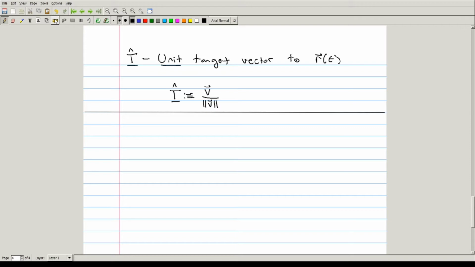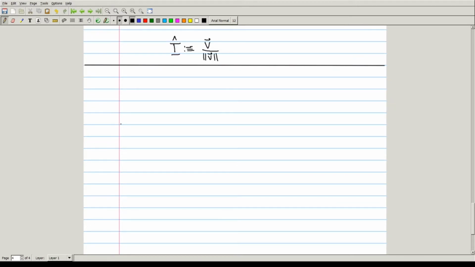But before I do that, I want to talk about the next concept for curves, which is if we define the velocity using the derivative, we're going to end up defining what's called the arc length of a curve, or the length of a trajectory up to a time t, as follows. So for notation, this is a scalar function.